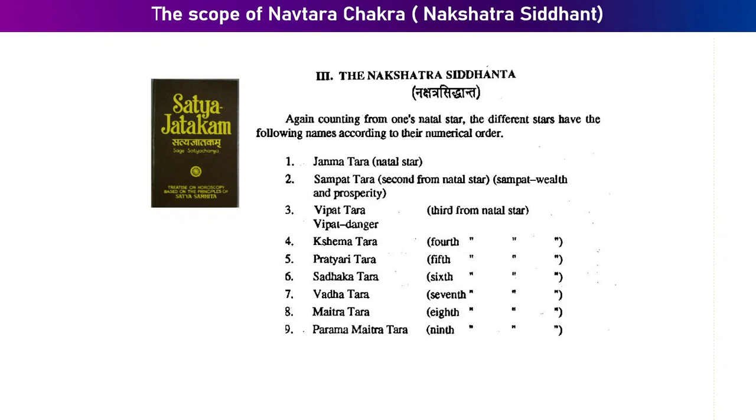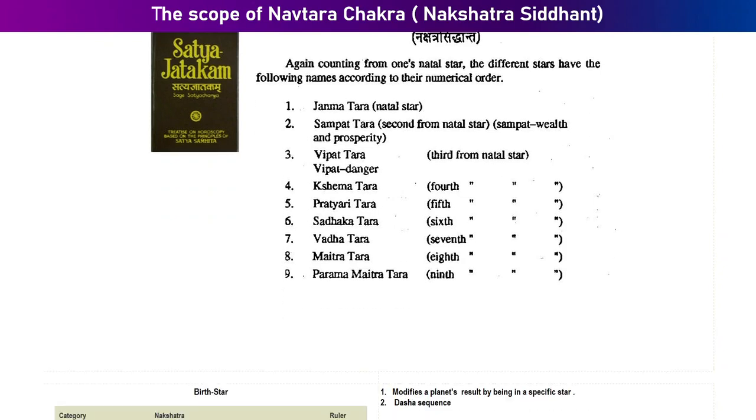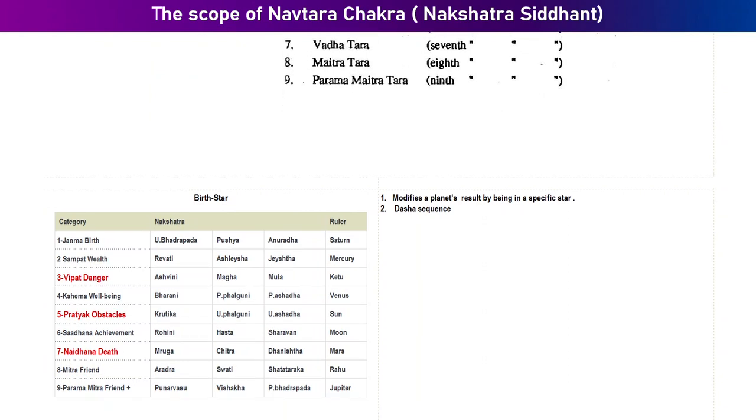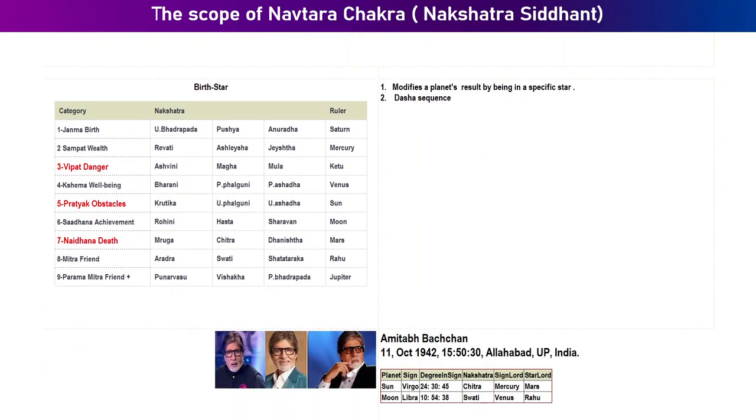Because of all these Tara and Nakshatra, it looks a little complicated, but actually it's very simple. So let me share something that's going to make this very clear and simple to you.